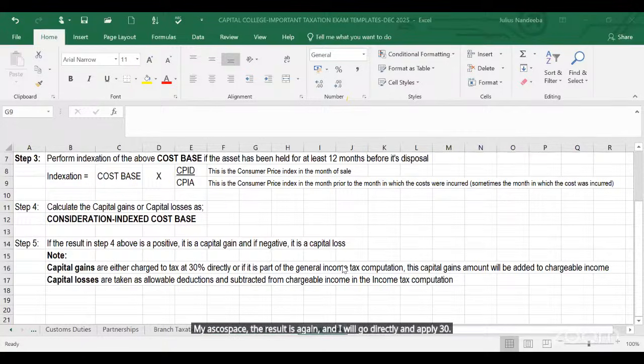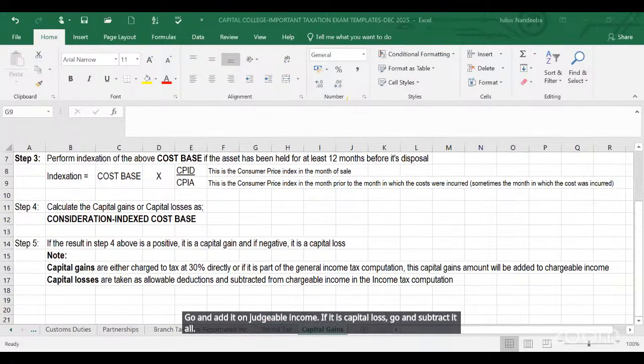Whether it is an individual, a company, or any person, you apply 30%, because we see it as additional income. If it is capital gains, go and add it on chargeable income. If it is capital loss, go and subtract it on chargeable income.